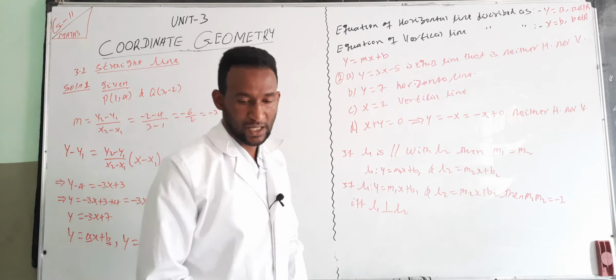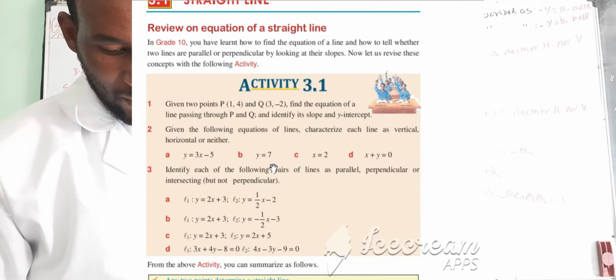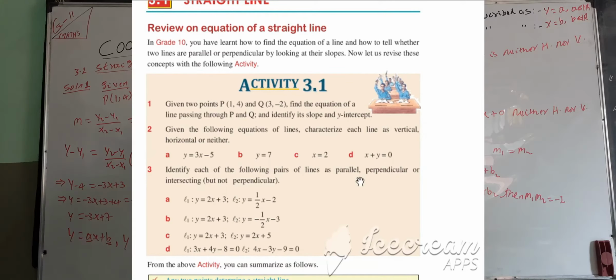Let us see question number 3. Identify each of the following pairs of lines as parallel, perpendicular, or intersecting but not perpendicular. L1 is described by the equation y = 2x + 3, and L2 by y = (1/2)x - 2.